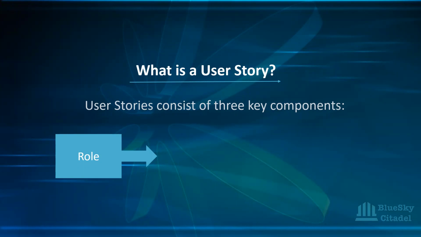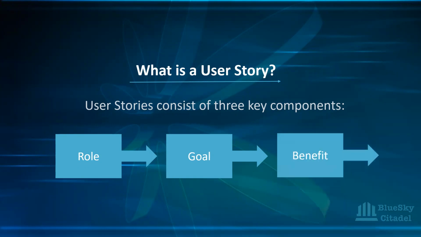Role, this next one rhymes with it, is goal. And the next component is benefits. So you've got role, goal, and benefit. These are the 3 components that user stories are made up of.